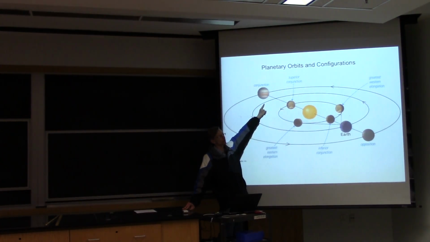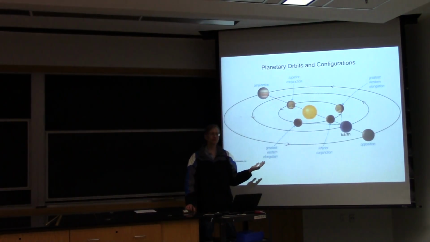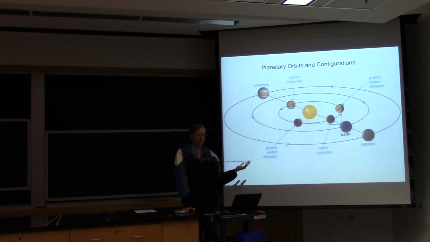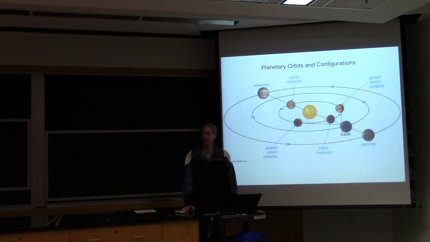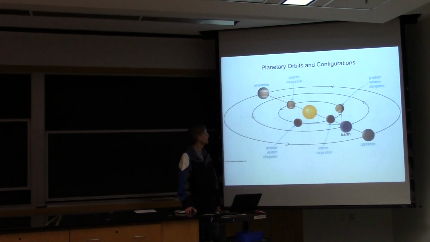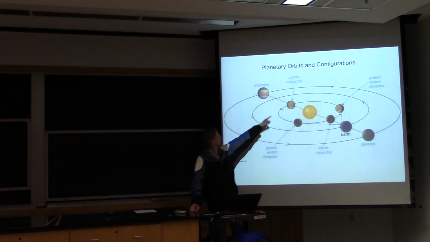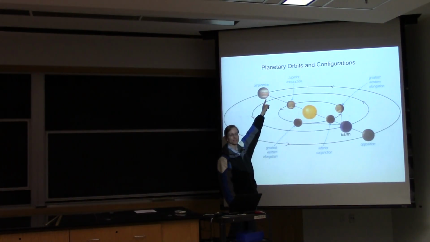It usually doesn't pass directly behind it, but that doesn't matter in terms of, are you going to be able to see the planet when it's in conjunction with the sun? Like, can you go outside and see it? No, because the sun is right there too, and so it's up during the day and just being completely obliterated by the light of the sun. So it's on the far side of the sun from the Earth when it's at conjunction.